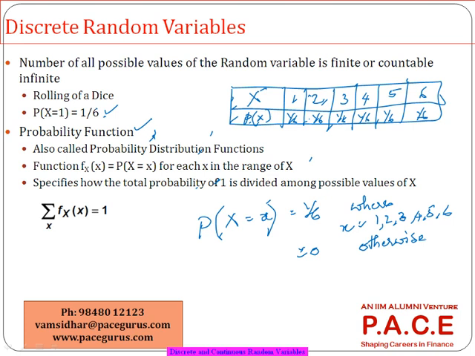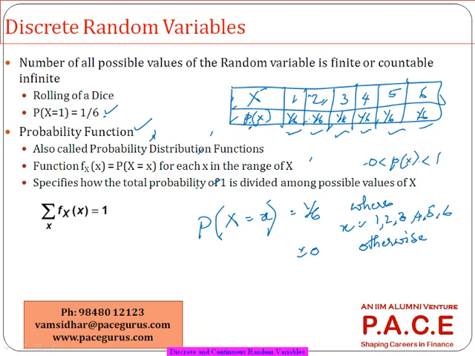This is nothing but a probability distribution function. And there are two important properties associated with the probability distribution. When I have to say something is a probability distribution function, there are two important things that we have to check. One, each probability that is being identified here should lie between 0 and 1, which we already know.